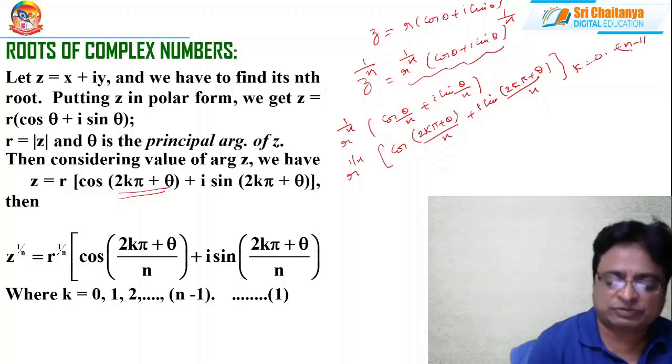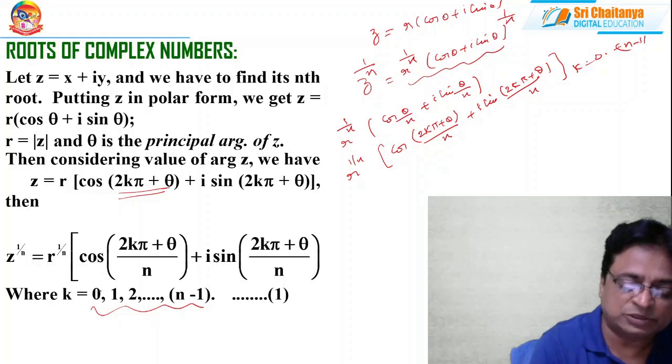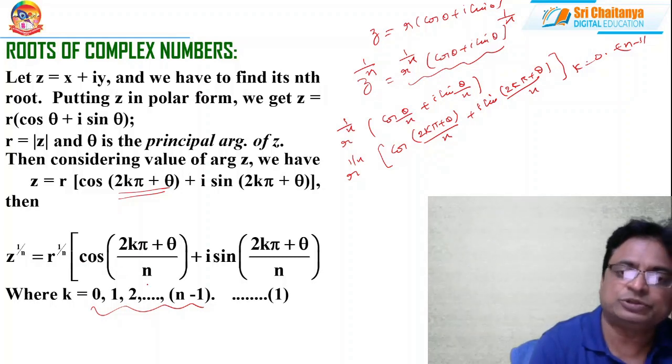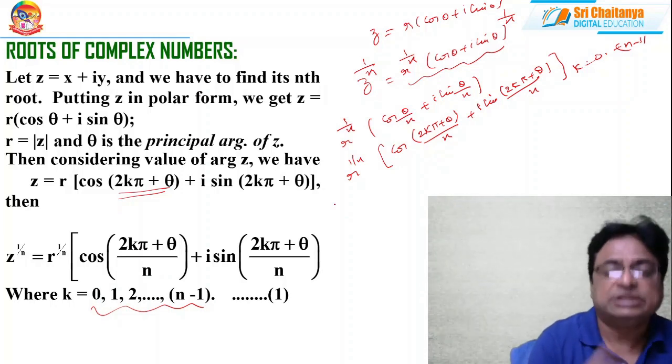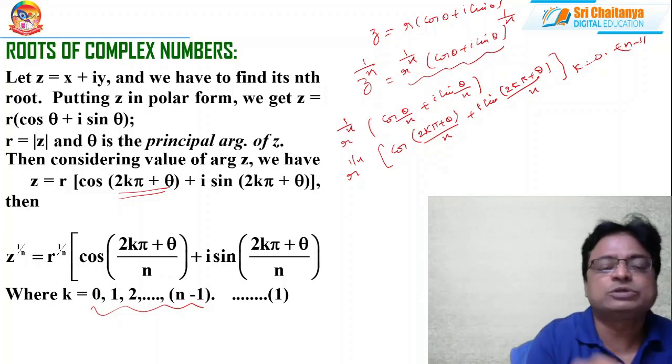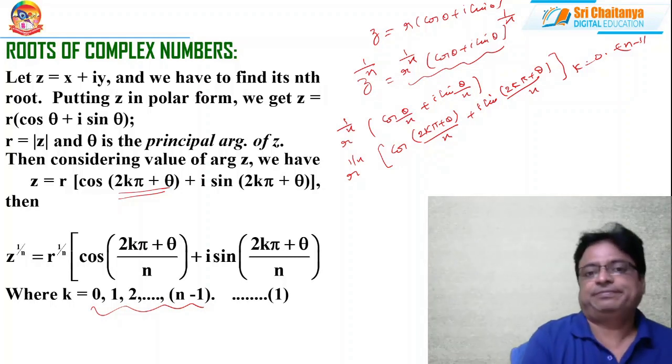From 0 to n minus 1, how many values are there? n values. If you substitute k as 0, 1, 2, 3 and so on up to n minus 1, you will get n values. These are called the nth roots of the complex number z.